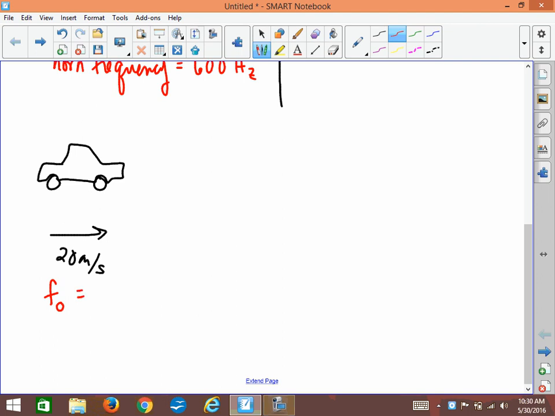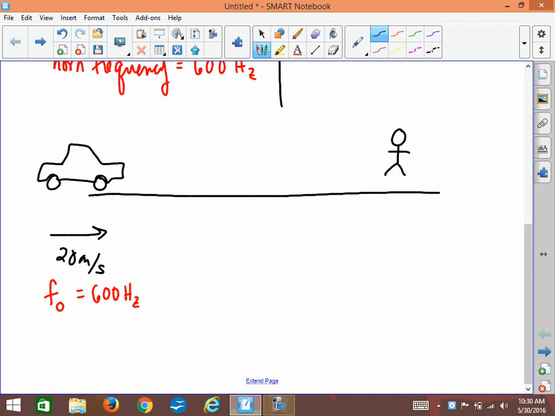And we said that was 600 hertz. But if you happen to be standing over here, and the car is traveling along the ground towards you, those pressure waves in front of you will be squished up because of the car's motion.